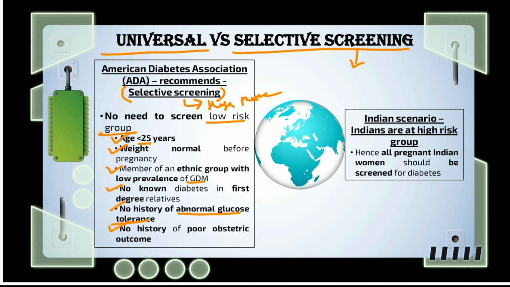However, as compared to this selective screening, the Indian guidelines recommend universal screening, as Indians are always at high risk for the development of gestational diabetes mellitus. So, the Indian scenario recommends that all pregnant Indian women should be screened for diabetes.